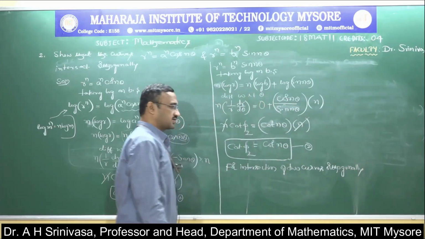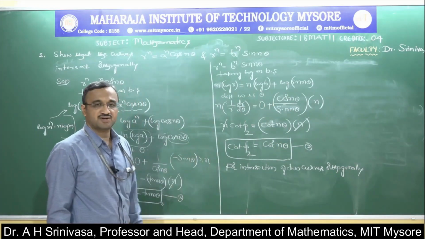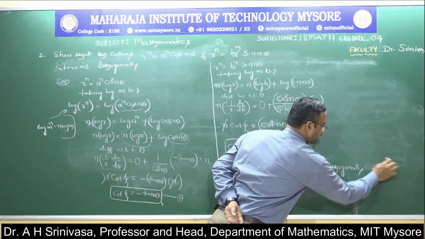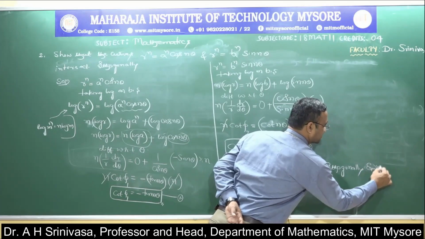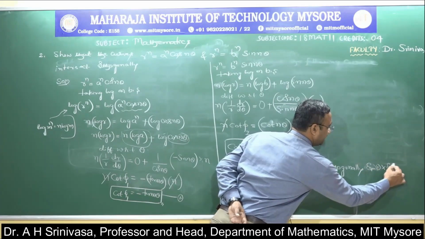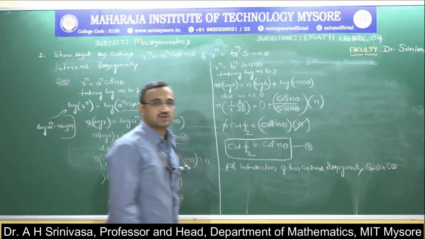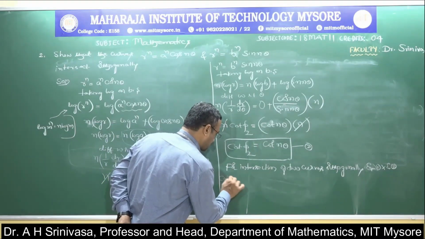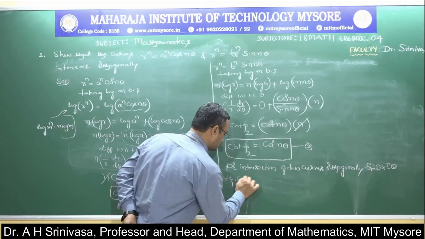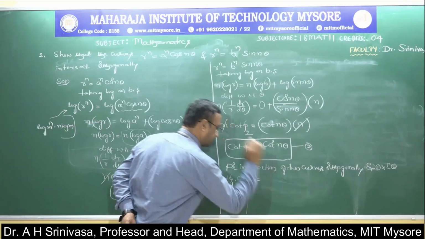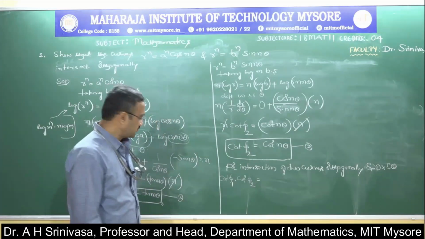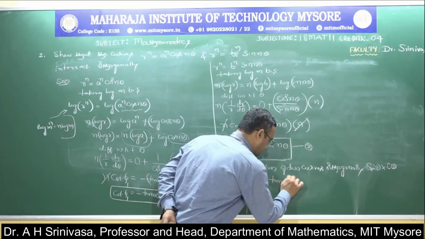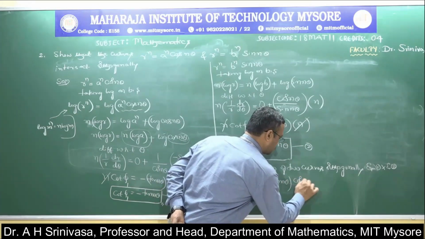If two curves intersect orthogonally, now take the product of equation 1 into equation 2. What do I get here? Cot of phi 1 into cot of phi 2 should be equal to the product of these two, minus tan n theta into cot n theta.